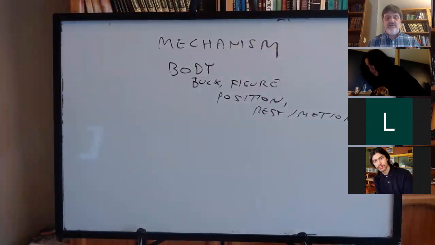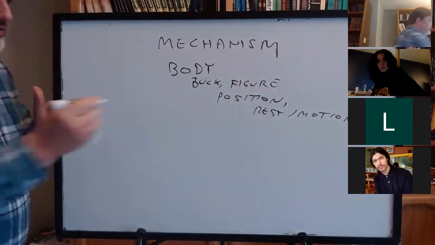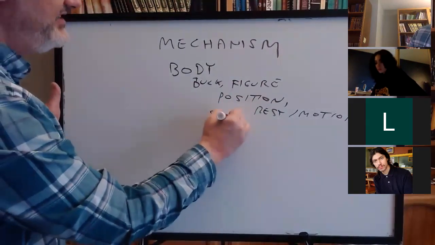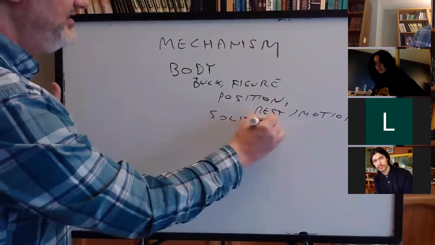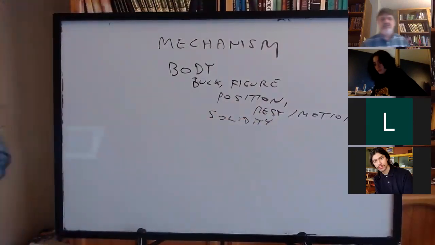And Locke will add, although Descartes is basically the only one who doesn't want to add this, that it excludes other bodies because it has a certain power by which it resists the motion of other bodies. And that power by which it resists other bodies coming into its space is the quality of solidity.